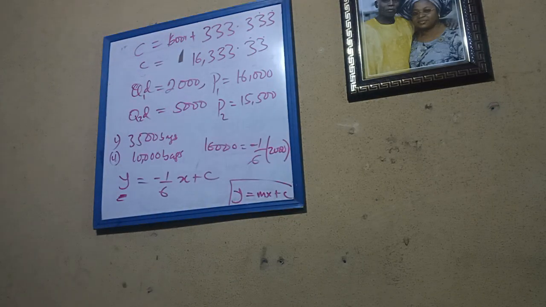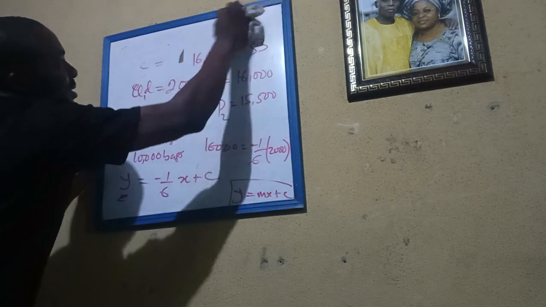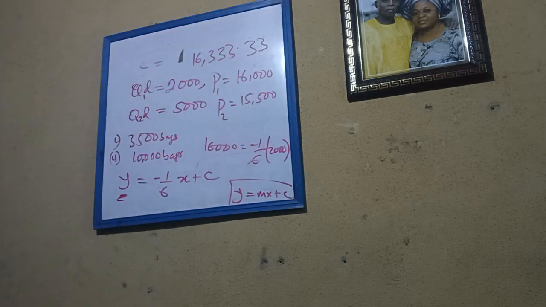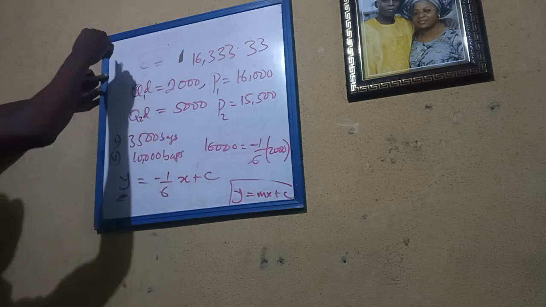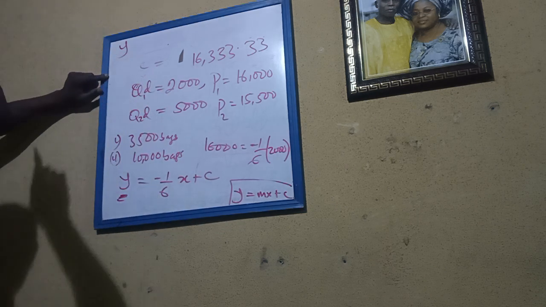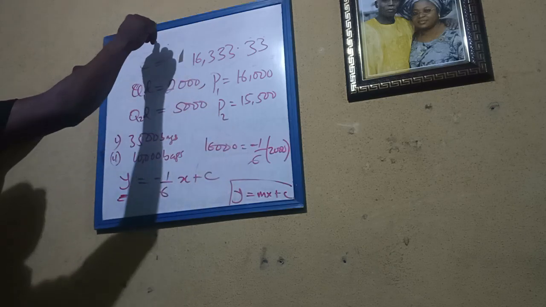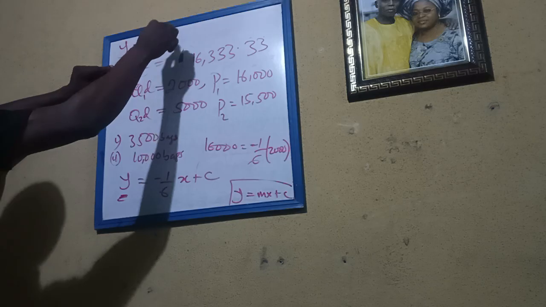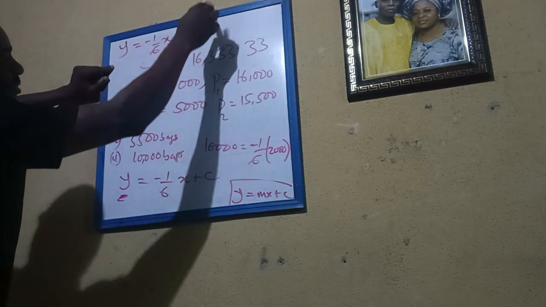So now can we move on? That is our c. And if that is our c, can I write the final statement? Just watch. So then I can have y is equal to minus 1 over 6 x plus 16,333.333 recurring.